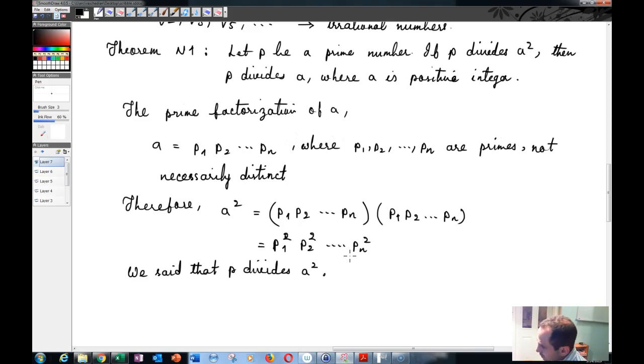So then basically, let me actually write this down. We said that p divides a squared.